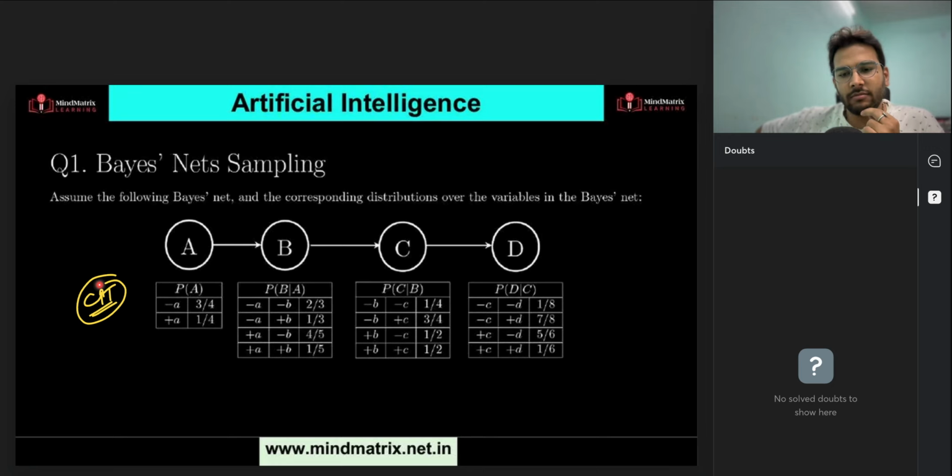Okay, 5 by 18. Okay, 2 students are getting 5 by 18. What about others, Abhas and Chandana? Five by 18 is the correct answer. Very good. Those who have answered this.